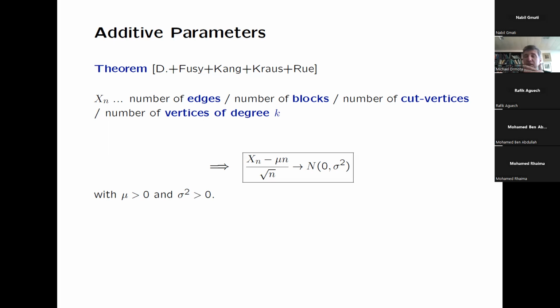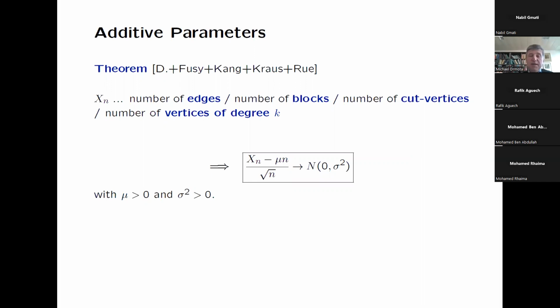And if you consider this probabilistic model, then you can consider any parameter as a random variable, for example, the number of edges or the number of vertices of degree 4 or whatever. I have listed here some statistics that are quite simple: the number of edges, the number of blocks, which I will explain in a minute, and also the number of cut vertices and so on.